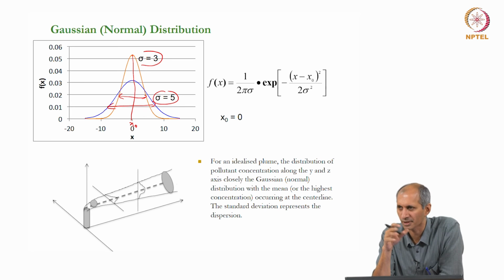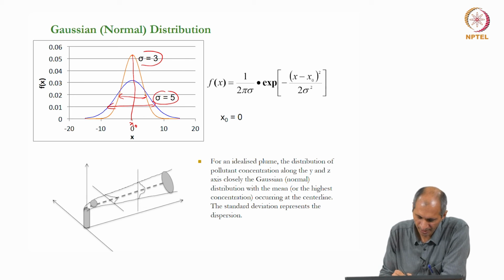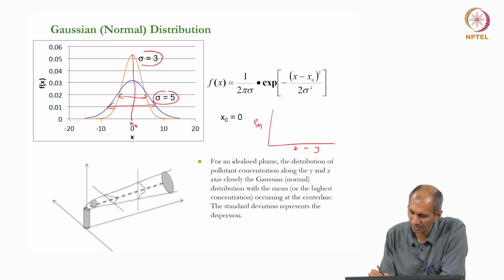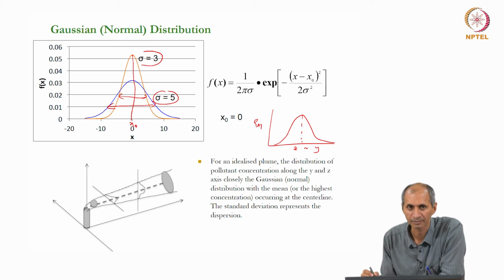If you look at the distribution of pollutant concentration, and I plot rho a1 as a function of z or y, I am likely to find that the highest concentration occurs at some value of z or y. So, let us say this is z and this is y.